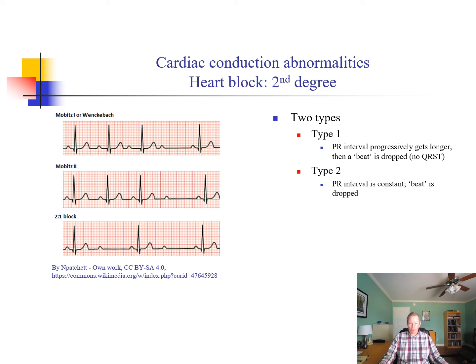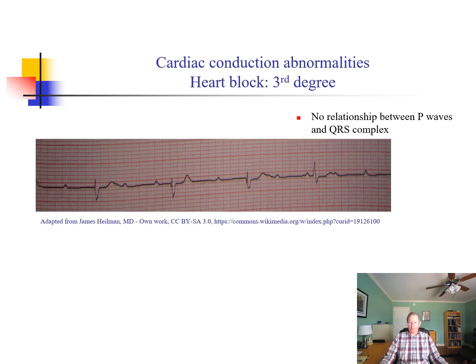Mobitz type 2, or a type 2 heart block, I have a constant PR interval, but now I drop after a P the QRS-T. And this is something that needs to be dealt with very soon, because this generally will then degrade into third-degree heart block, which is requiring intervention.